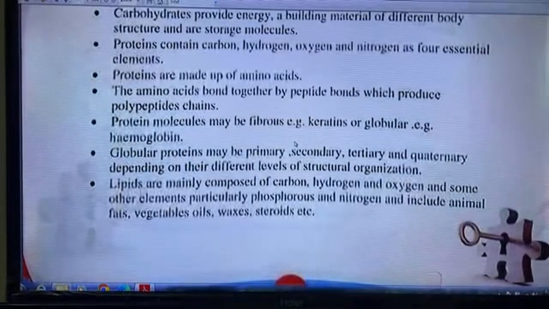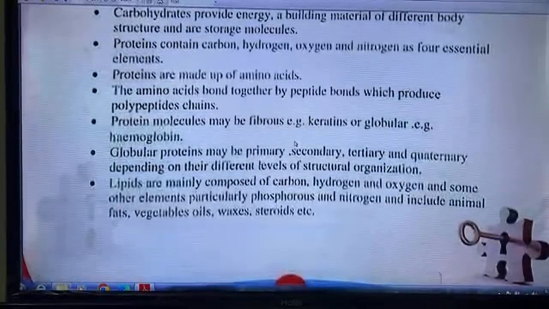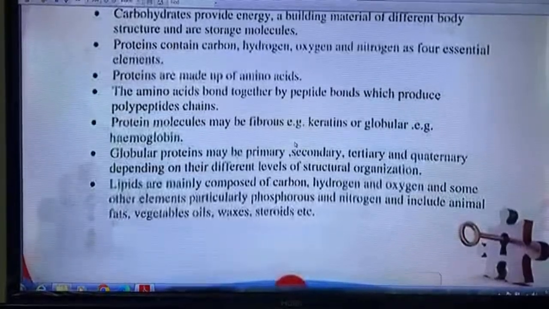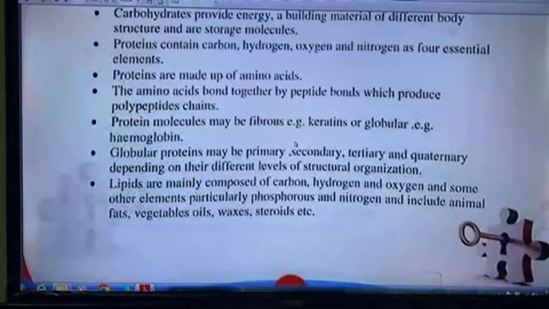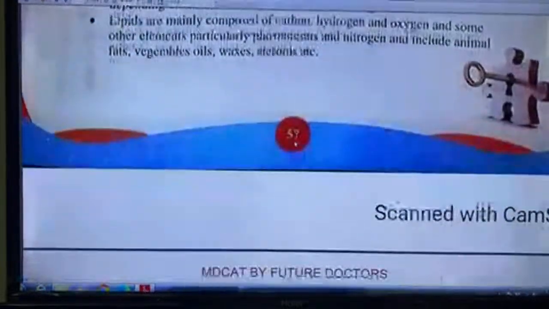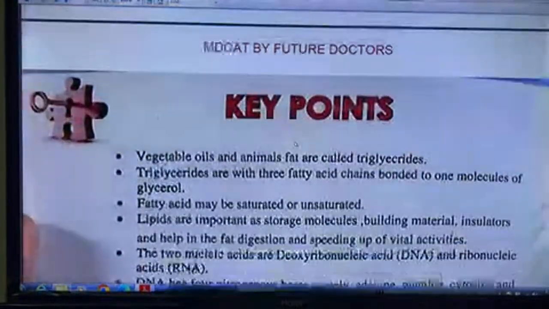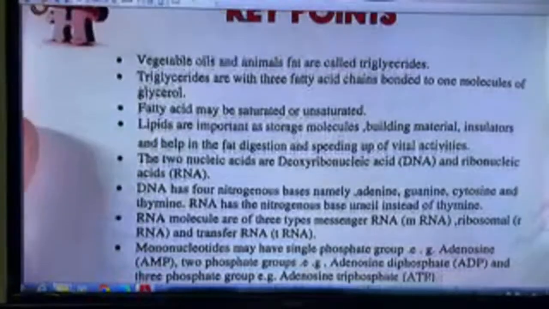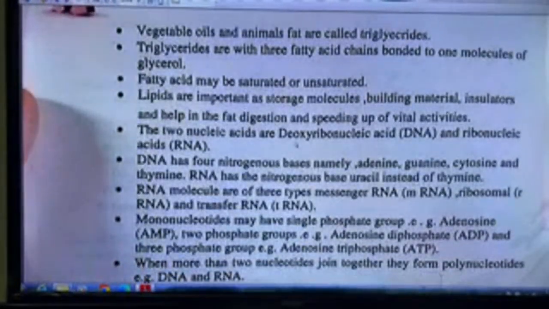Lipids are mainly composed of carbon, hydrogen, and oxygen and some other elements, particularly phosphorus and nitrogen, and include animal fats, vegetable oils, waxes, and steroids. Vegetable oils and animal fat are called triglycerides.